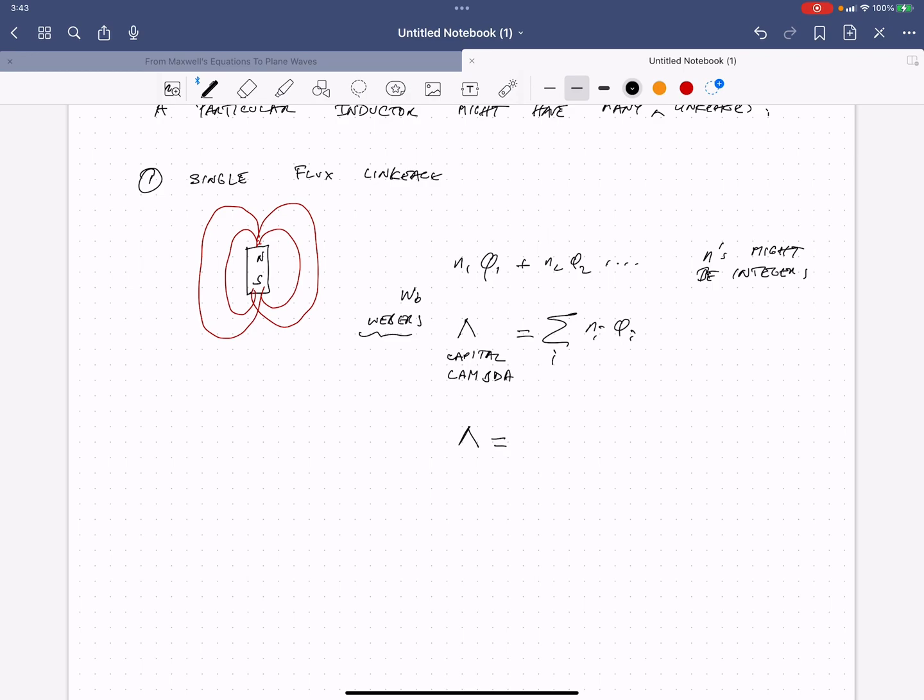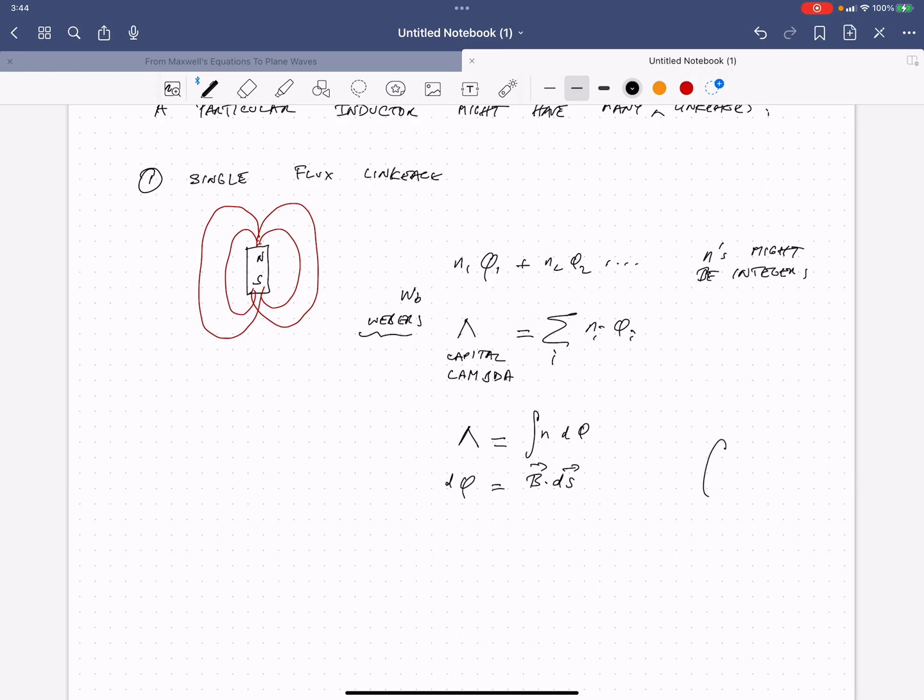But instead of having a summation, if you have the case of a fractional flux linkage, you might have an integral of n dphi, where dphi is B dot dS.